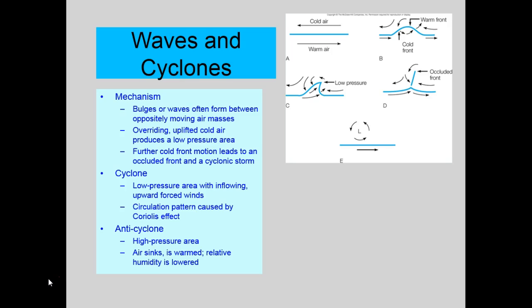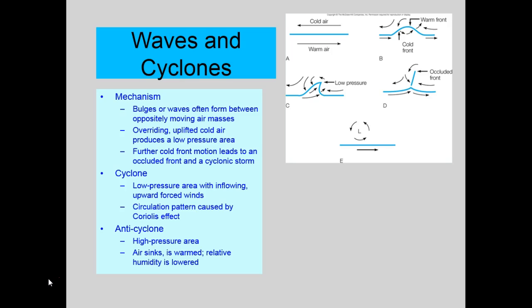So here's what we have, and it's a weird situation. It's not what you would expect it to be. You have the warm air down here and the cold air up there. Not a good situation, okay? Because the cold air wants to be down, the warm air wants to be up. So as it's moving like this, the cold front moving in like this, the warm front's moving this way, so the cold front is on this side, the warm front on this side because they're moving like this.